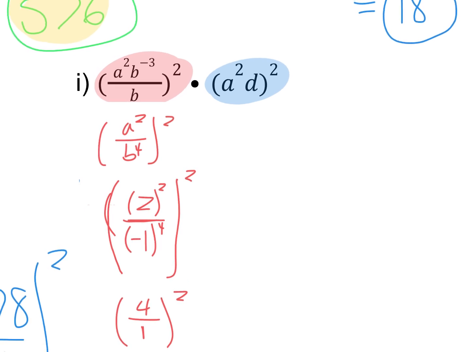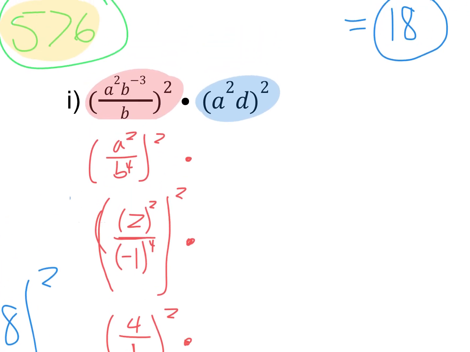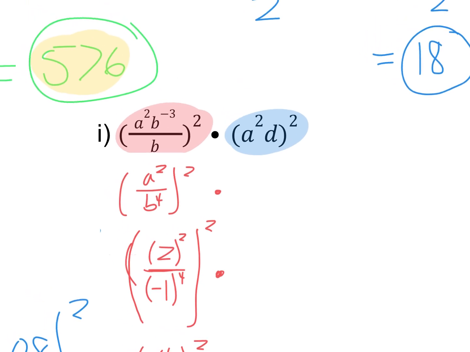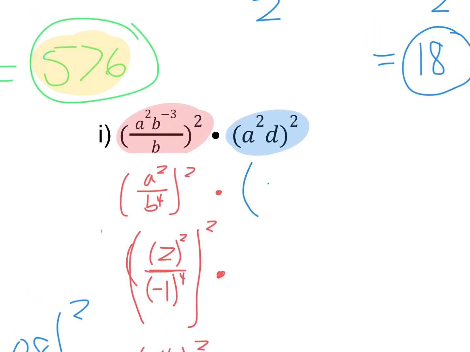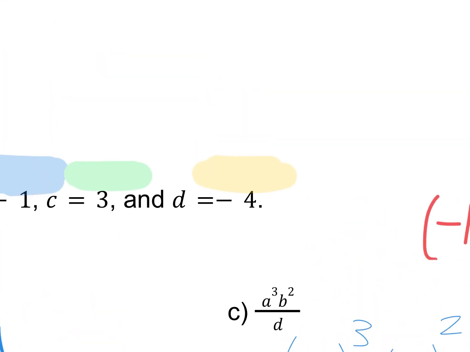Now we just have to take care of the blue piece, and then we will see what our final answer is. So we have parentheses, a squared, so that is just 2 squared, times d, which I cannot remember what d was. D is negative 4.